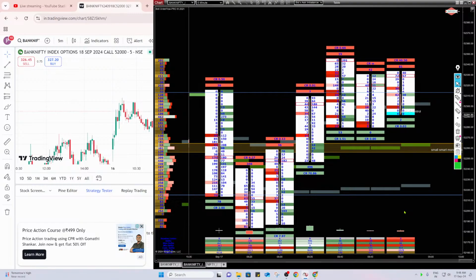Market is moving sideways now. So when it is moving sideways, option buyers should have patience or they can sell options.